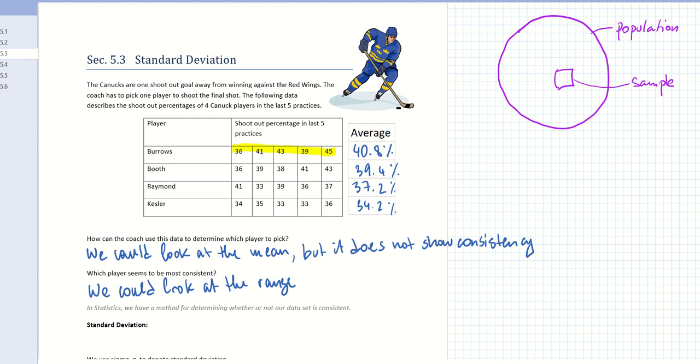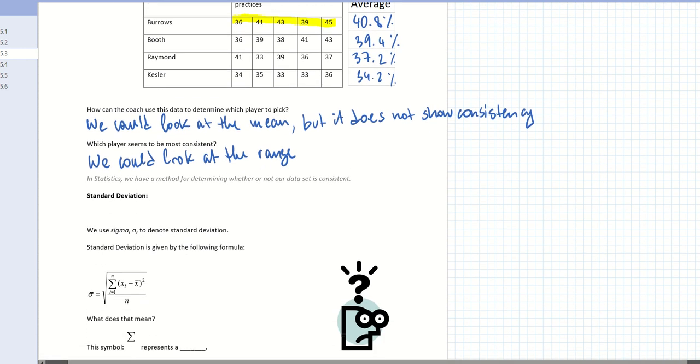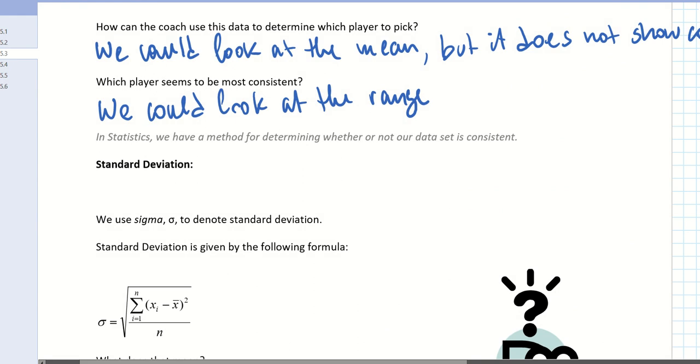So in statistics, we have another measurement, which we're going to learn about here. We use it to define which data set is the most consistent. We call this the standard deviation. So when we talk about standard deviation, we're talking about the measure of scatter of the data.